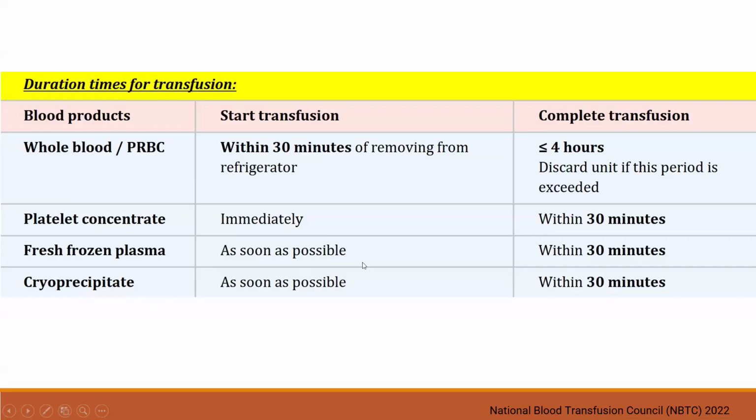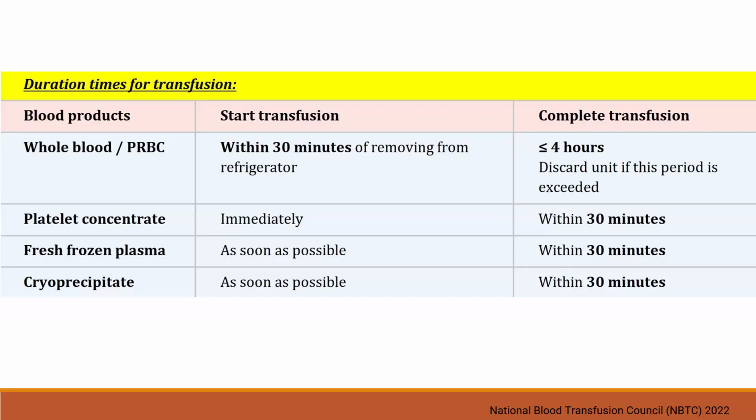What is the reason why this should be completed in less than 4 hours? If it goes beyond 4 hours, what will happen? Because of temperature, the main thing is the oxygen carrying capacity of the RBC will decrease beyond 4 hours.